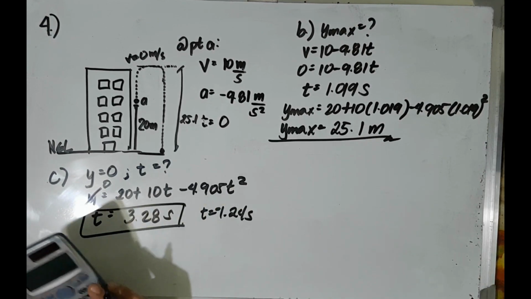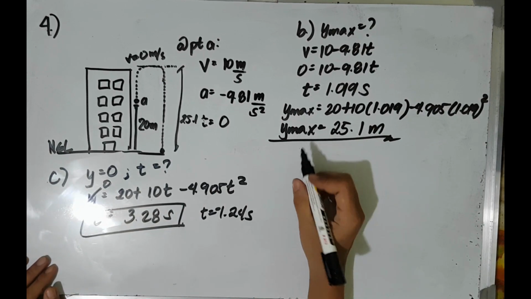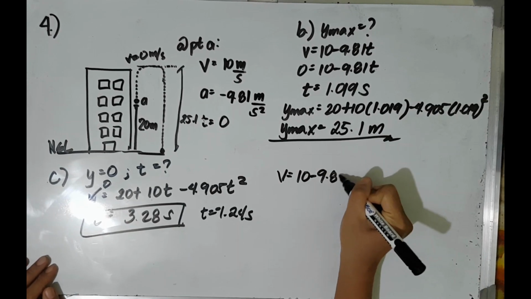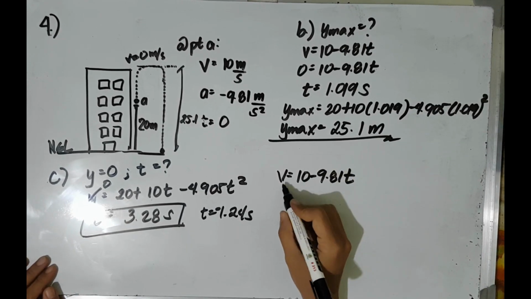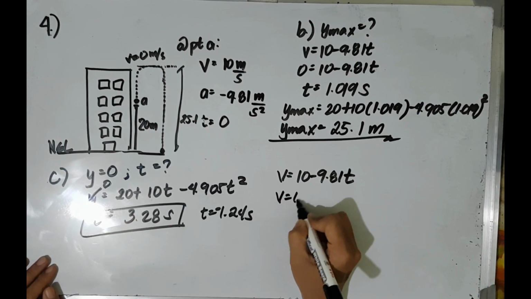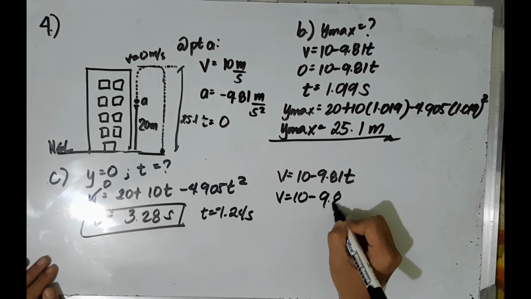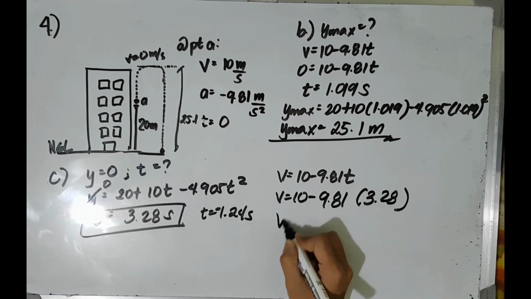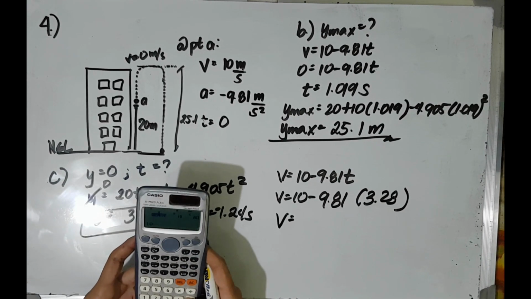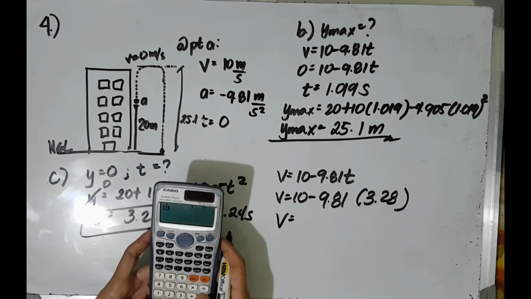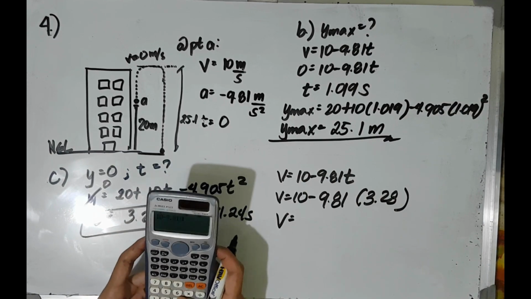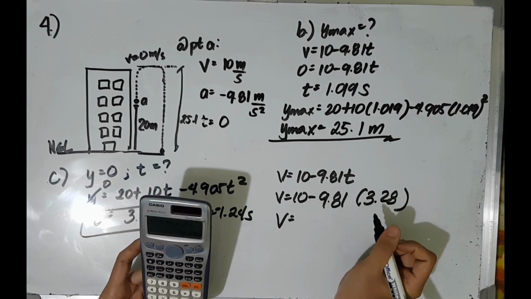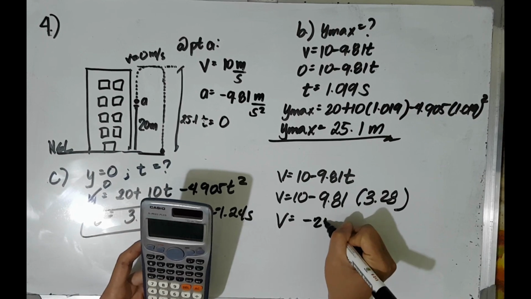And then for the velocity, t is equal to 3.28 seconds. So 10 minus 9.81 of 3.28. The velocity is equal to negative 22.18 meters per second.